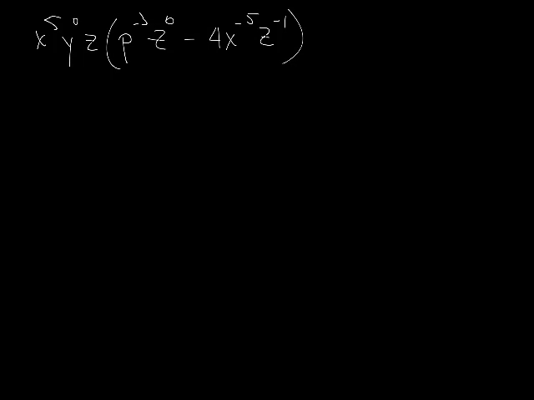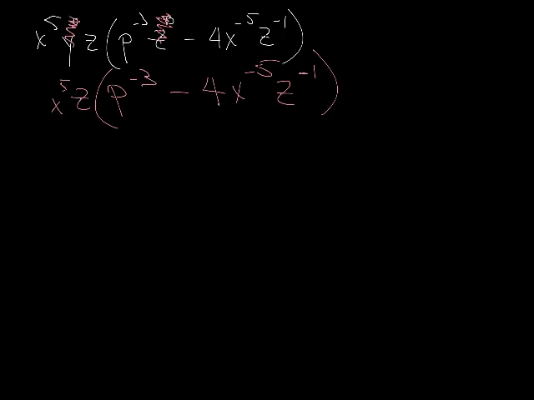Well, in fact, maybe before we do distributive we need to do some simplifying, because y to the 0 power is automatically 1, and z to the 0 power is automatically 1. So that gives us x to the 5th z times p to the negative 3 minus 4x to the minus 5 z to the negative 1. We've already made it somewhat simpler by doing that.